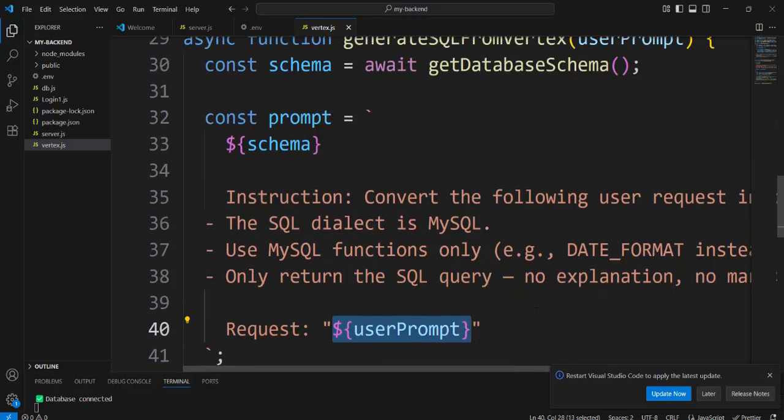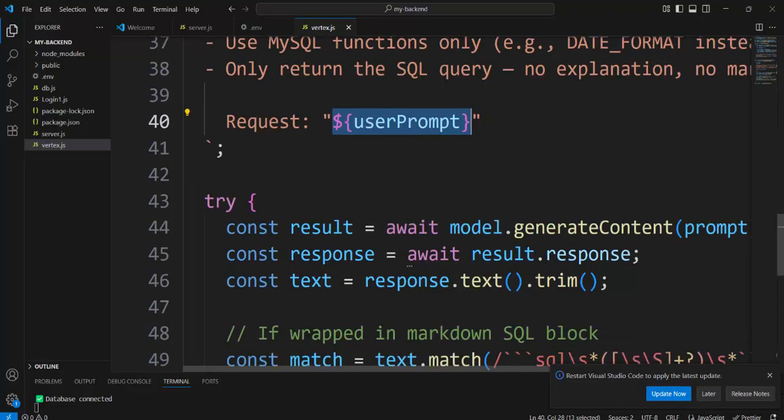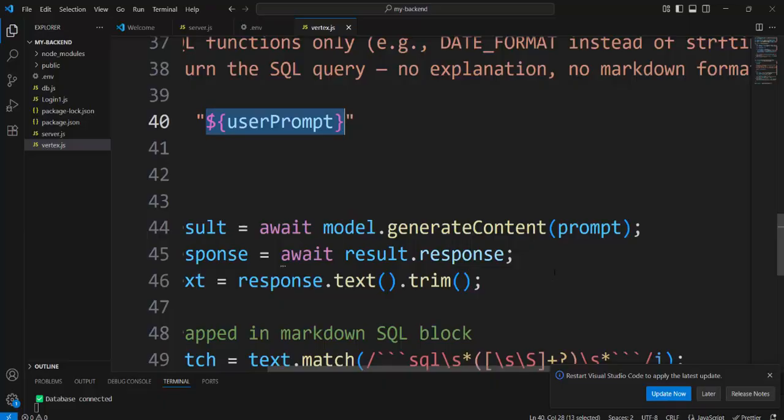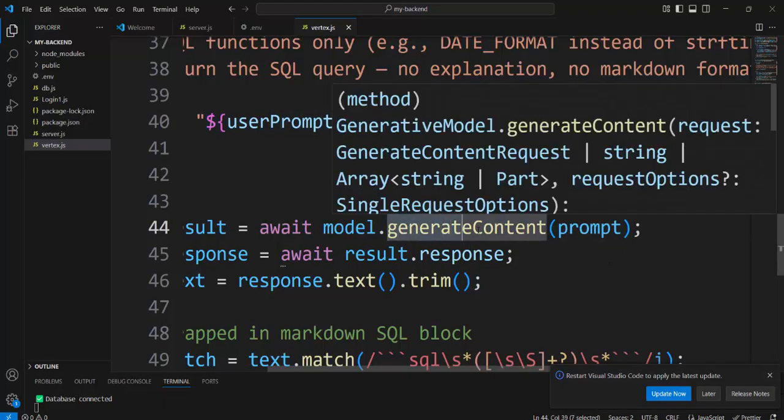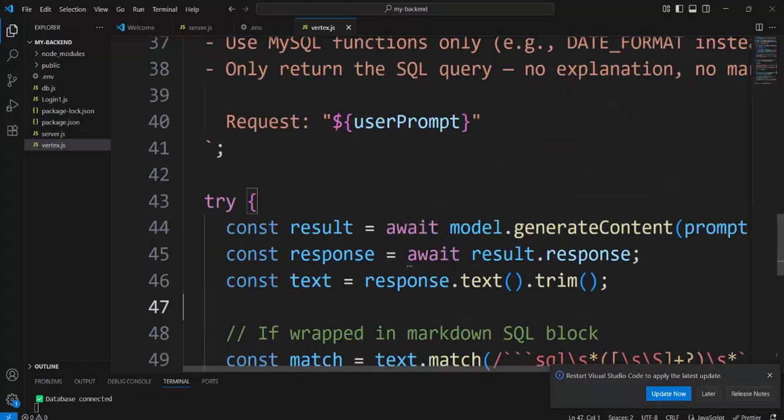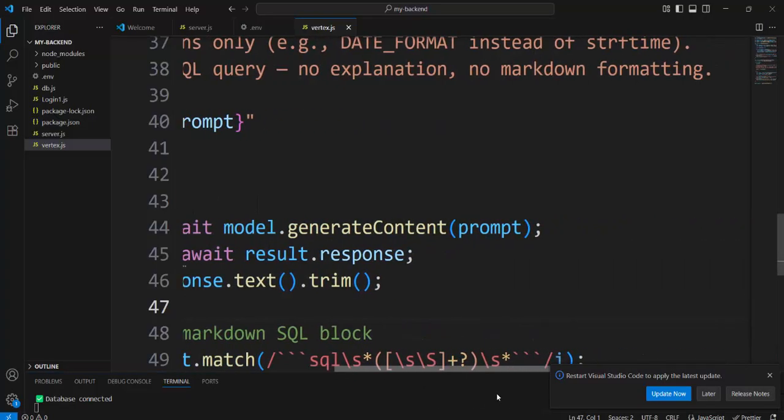This is what the helper function sends as the parameter of the method generate content. Gemini and all other models have a generate content method, and here is how we send the new prompt.